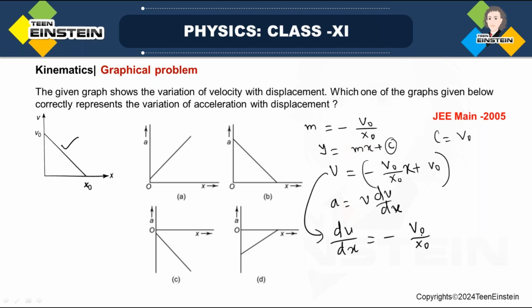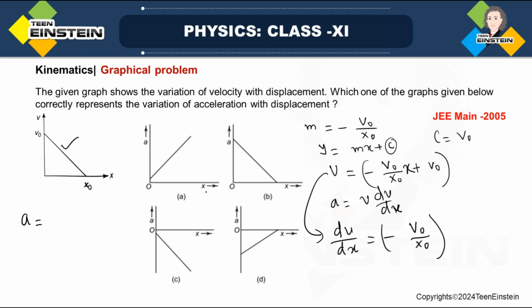Okay, this particular thing I'll get. Now look, I don't have space here, let me make some space. Okay, so I have got dv dx is this much. So what is a then?